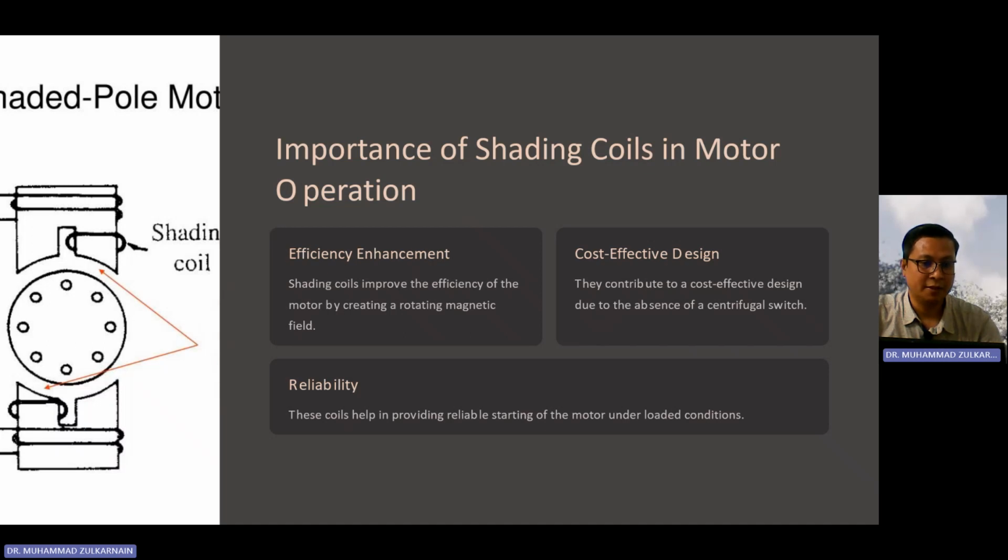So maybe because we avoid one part, yeah, centrifugal switch, that's why the cost maybe will be reduced. And reliability, this coil helps in providing reliability static of the motor under a loaded condition.